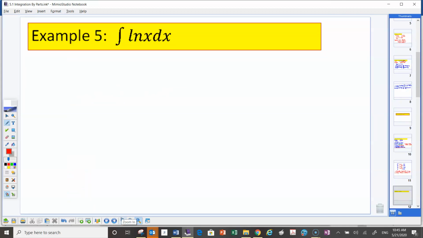Okay, let's take a look at the next example. In the next example, we're given the integral of ln x dx. So again, I'm going to let u equal ln x, and dv is equal to dx. So the integral of dx is x, and the derivative of ln x is 1 over x dx.